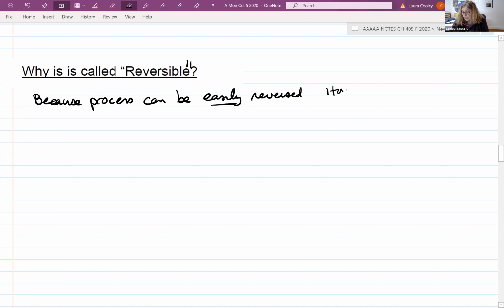So how do you reverse it? Well, instead of removing a sand grain, you add a sand grain, okay?